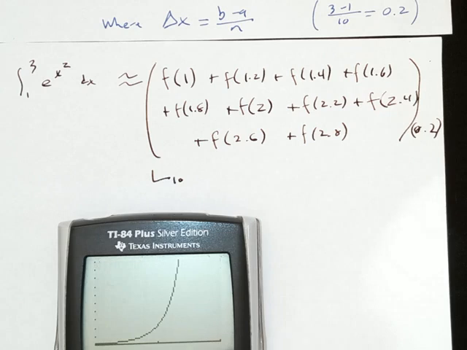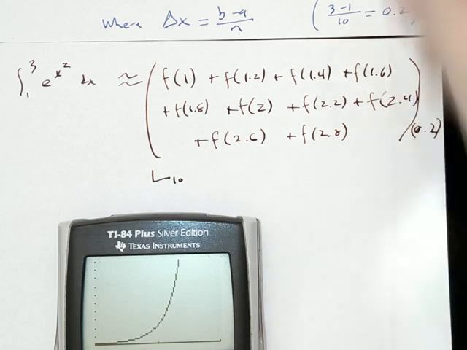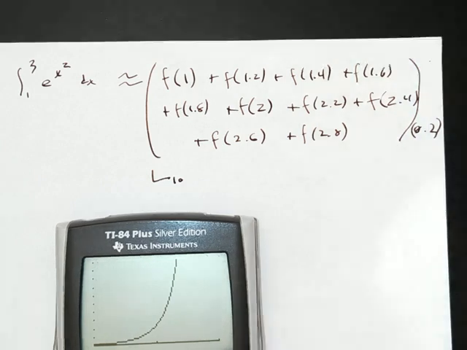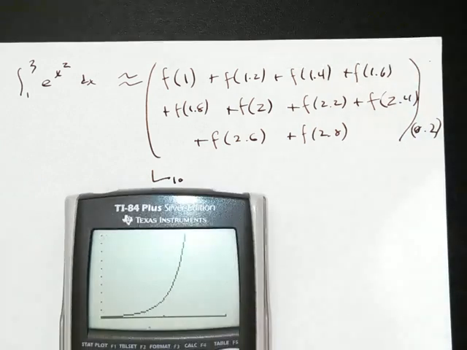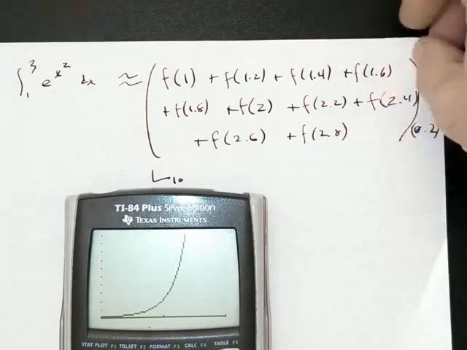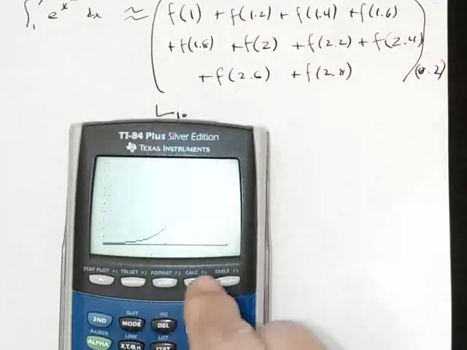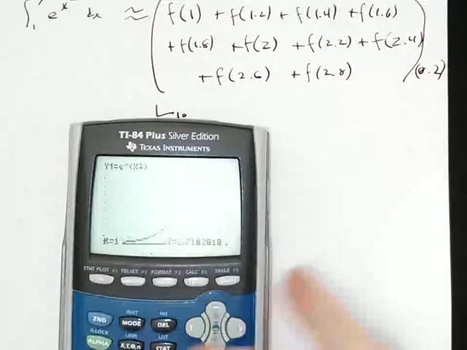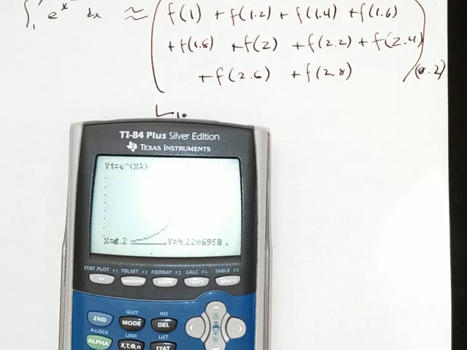Window now goes up to 250, and I still blow off the top before I get to 3. This is huge. But I can get all these y values in 2 different ways. I can use the trace button, trace, put in 1, put in 1.2, and so on.